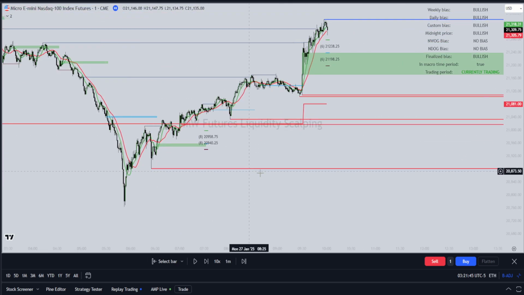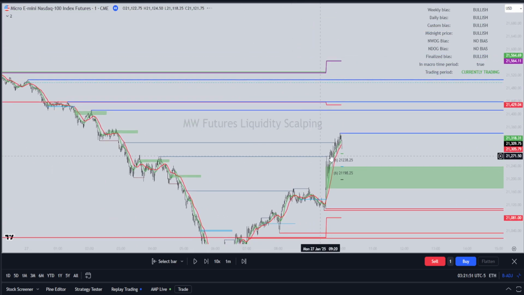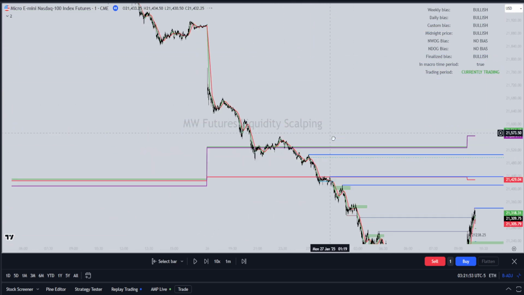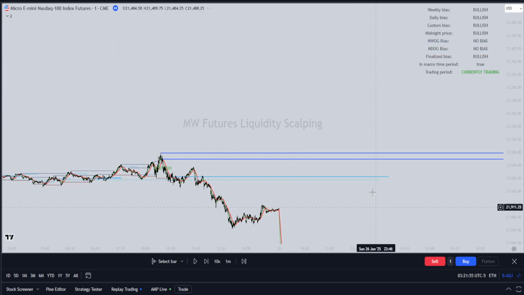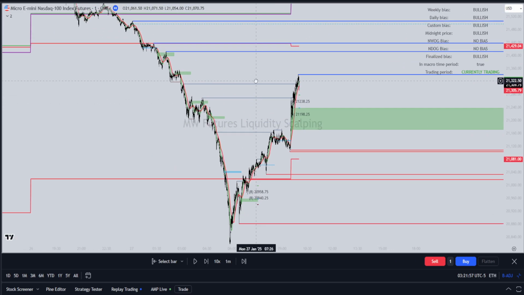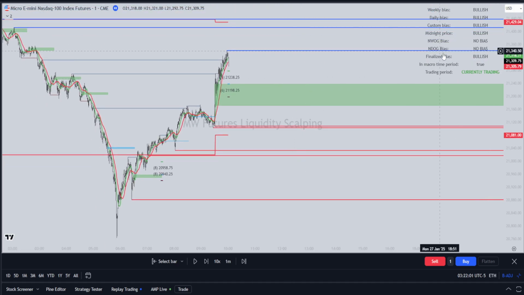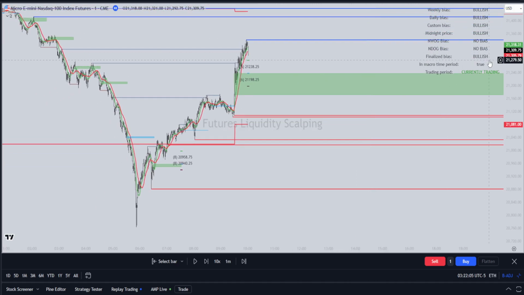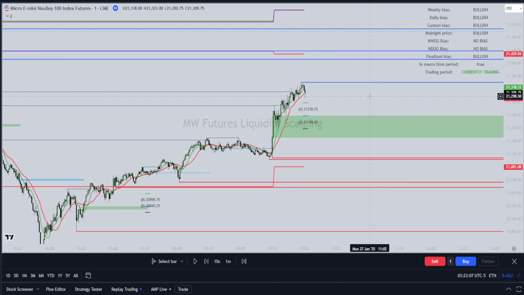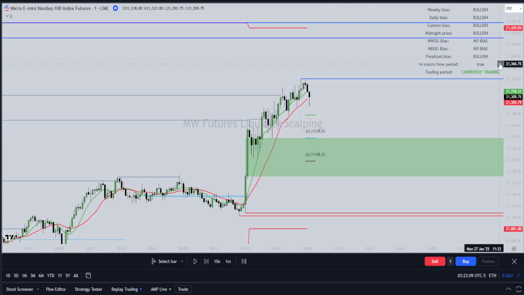Right now we have 5 liquidity pools to the downside, and 6 liquidity pools to the upside. That means we have more buy side liquidity than sell side liquidity. Incorporate that with the bullish bias and a finalized bias that's bullish, meaning that we are allowed to trade today.